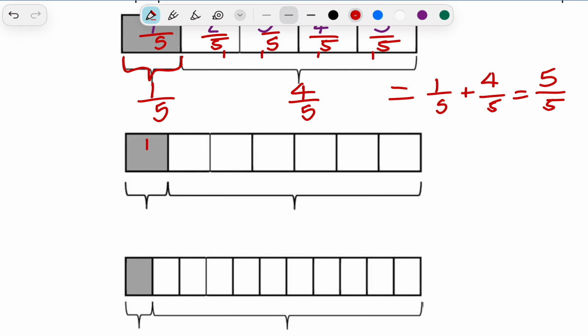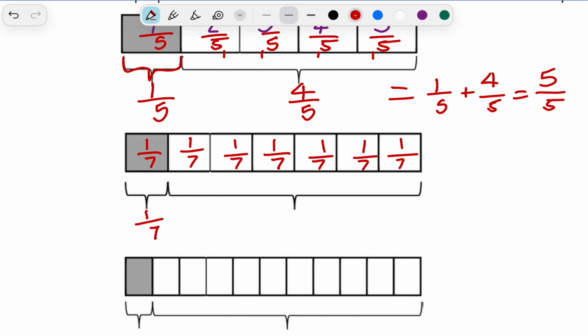All right. The next part. 1, 2, 3, 4, 5, 6, 7. I want to use unit fractions. So this is 1/7, 1/7, all the way around to identify our unit fraction, that everything is 1/7 to make our whole. 1 out of 7 is shaded.